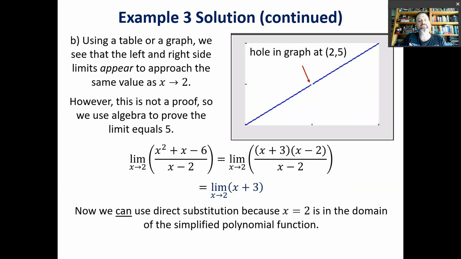So think about that. And just remember, there's no way to know ahead of time which one it is. You can try to factor it. If it doesn't factor, try to graph it. Because remember, if it's a rational function and it doesn't factor, there will be a vertical asymptote somewhere. So your answer is either going to be plus or minus infinity, or does not exist, if you're trying to divide by 0, if you try to just plug in 2 into this denominator.